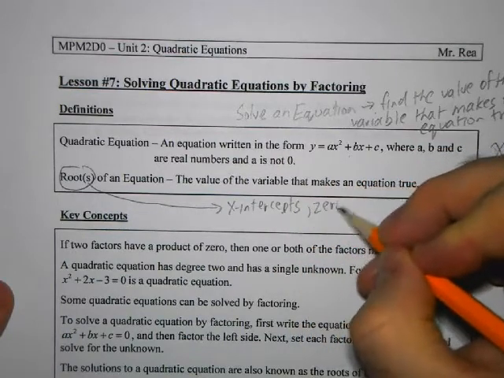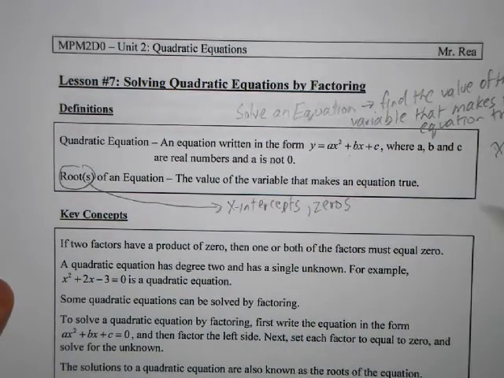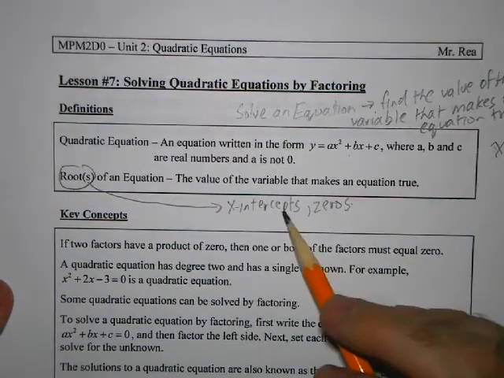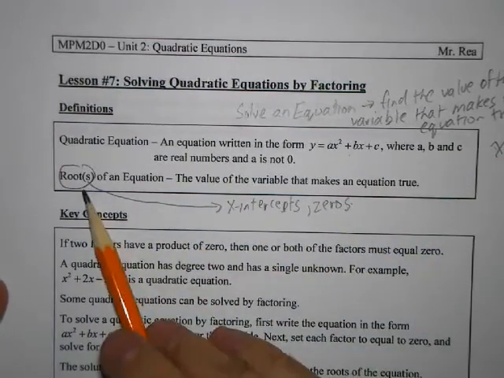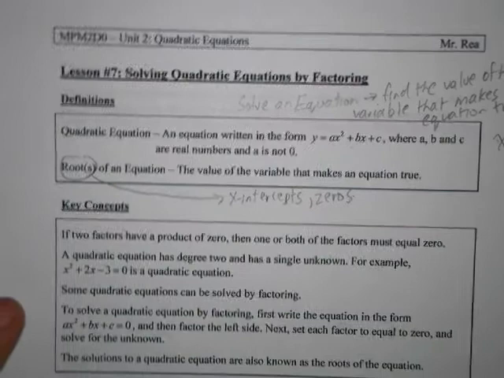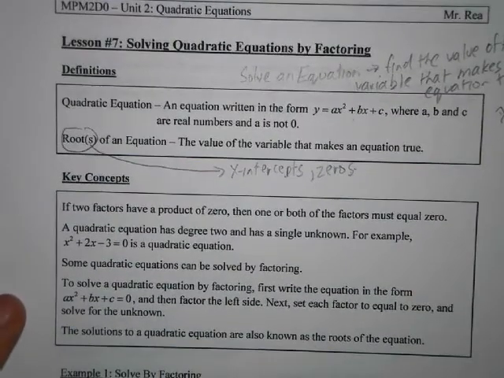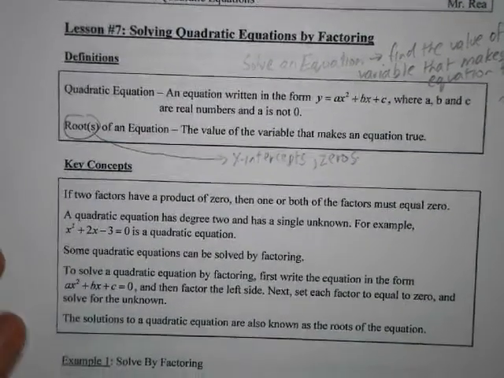You're going to see that quite often, and the reason why we call it 0 is because the x-intercepts are where the y value is 0, so they kind of go hand in hand. The roots actually means a bit more than this, but for our purposes, consider them to be all the same. Okay.